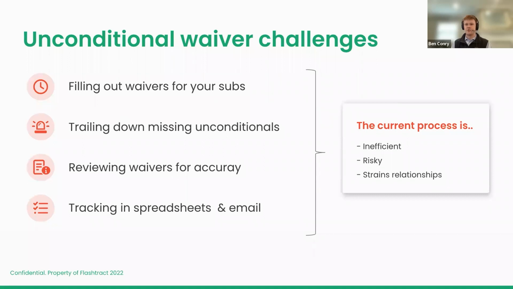Typically, project owners or developers require us as general contractors to submit these unconditional waivers on future billings in order for them to process our billing. So this is slowing down cash flow to us by having these lien waivers we have to trail down. It's also adding risk to our business by not having these unconditional waivers on file.